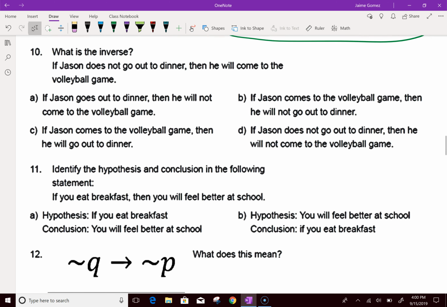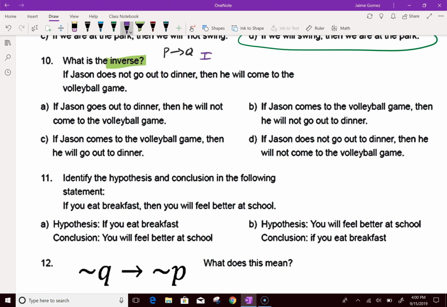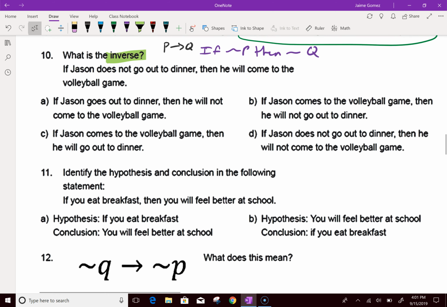Number 10. What is the inverse? An inverse means to write: PQ is the original, and inverse wants you to write if not P, then not Q. Look, the P still goes first.